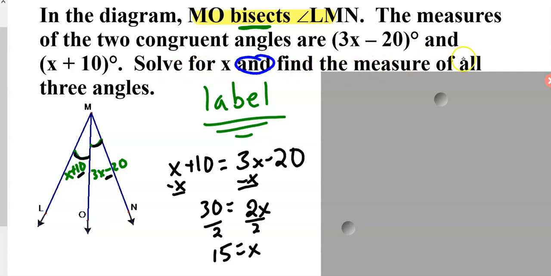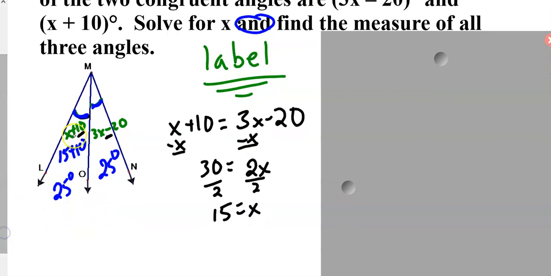Now we want to find the measure of all three angles. Well, let's talk about this one. If we know x is 15 and I plug that in, 15 plus 10, so this angle is going to be 25 degrees. You can plug in 15 here as well, but again, we know they're congruent. So we automatically know this has to be 25 degrees. Okay, so the two smaller angles are 25.